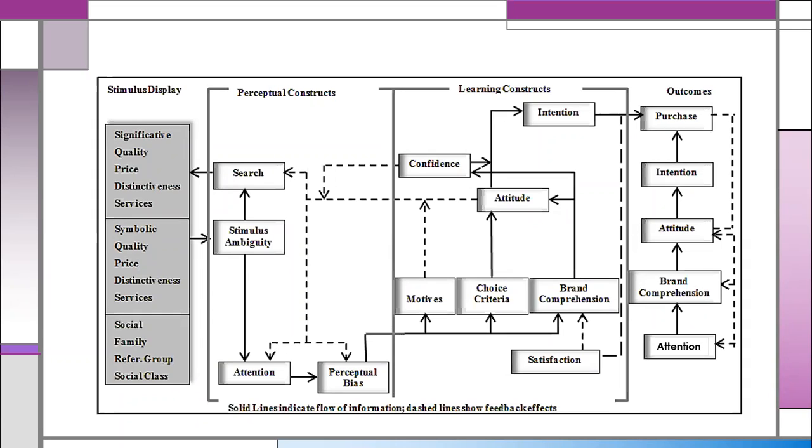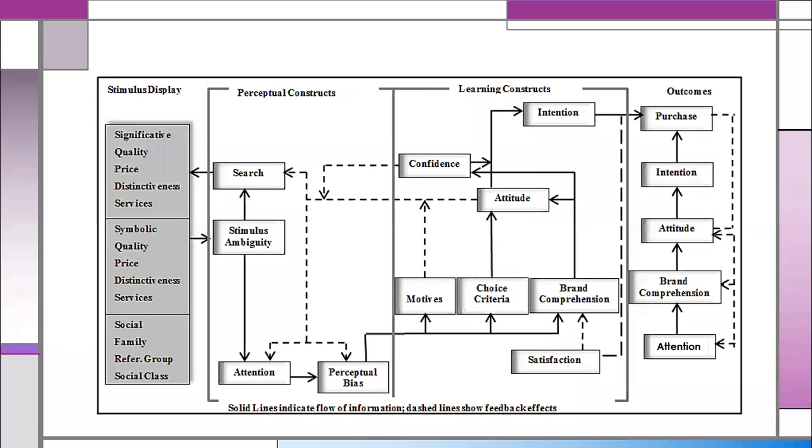Then all the information the consumer has searched about the brand comes under brand comprehension. And after that, attitude: how the consumer evaluates all the available information, choice criteria, and brand information. The perception or attitude of the consumer comes in between.